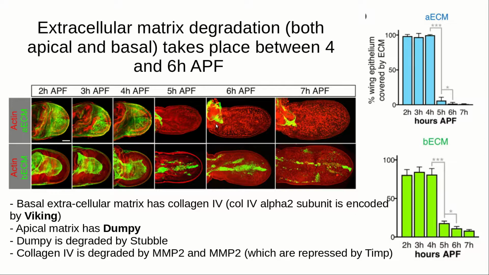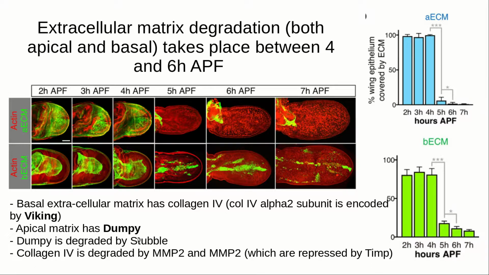Well, during this time there's a degradation of extracellular matrix, both the apical one and the basal one. So apical matrix and basal matrix have different components. The basal extracellular matrix has collagen 4. One of its subunits is Viking, and the apical matrix has Dumpy.